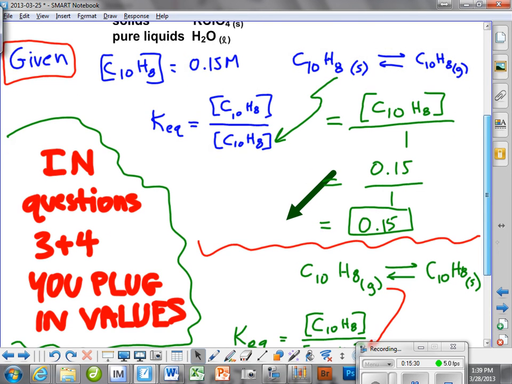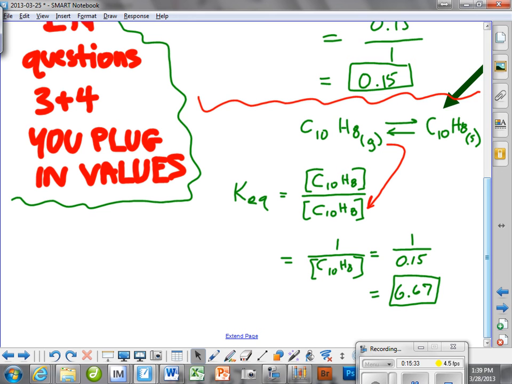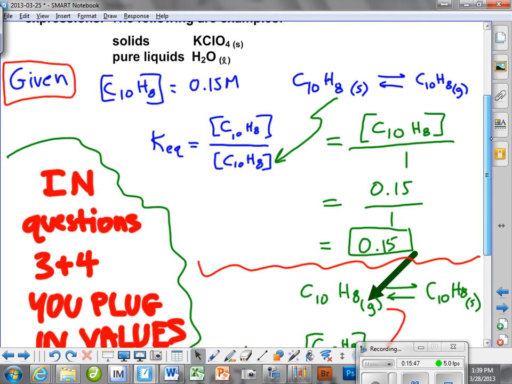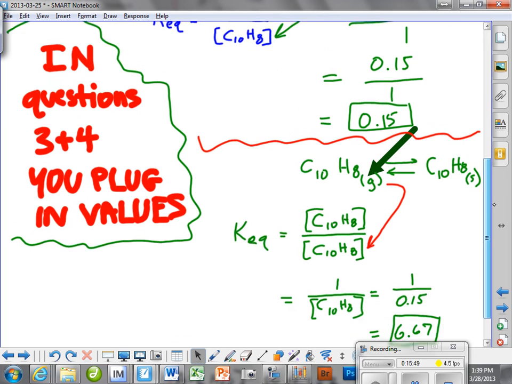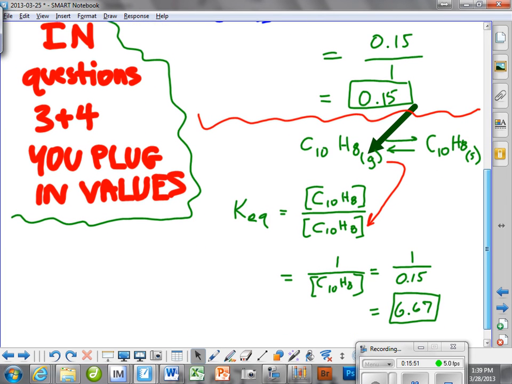Now down here, the solid is on the right side of the equation, and so he's the one that's down here. Whoops, I'm sorry. The gas was on the left. Yeah, the gas is on the bottom, and the solid here, which has to become a 1, was on the right-hand side.